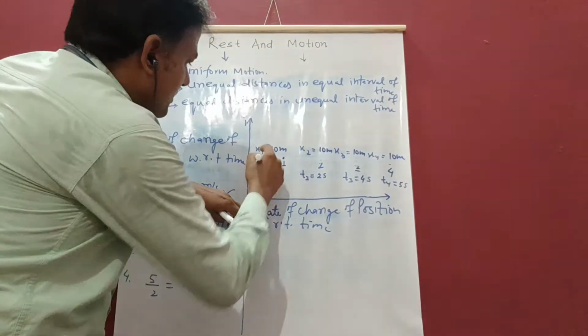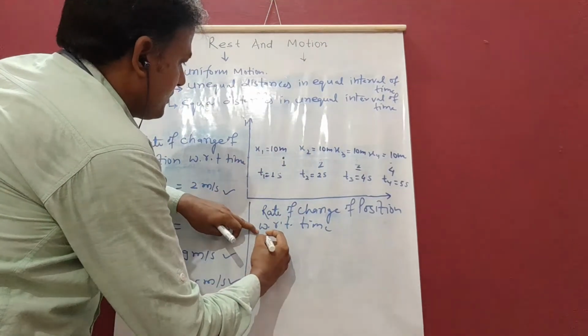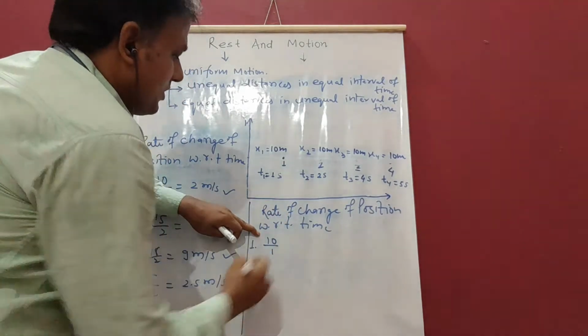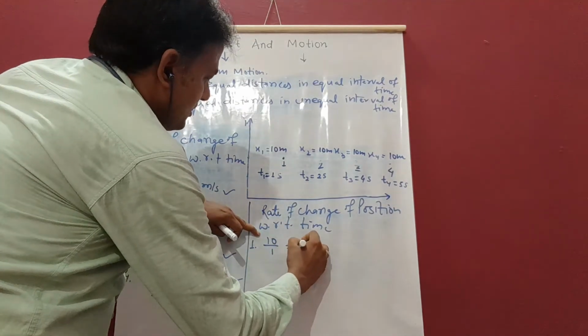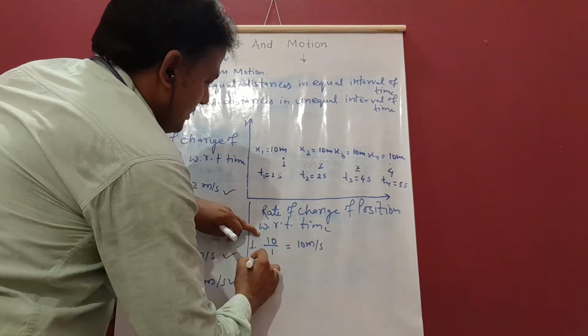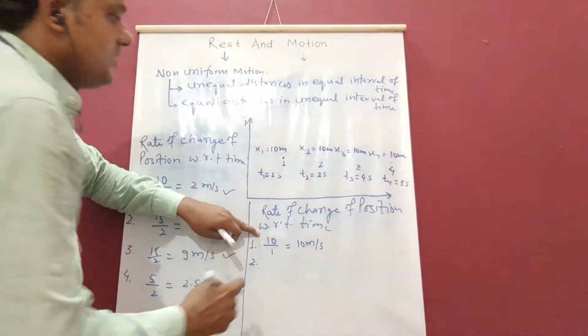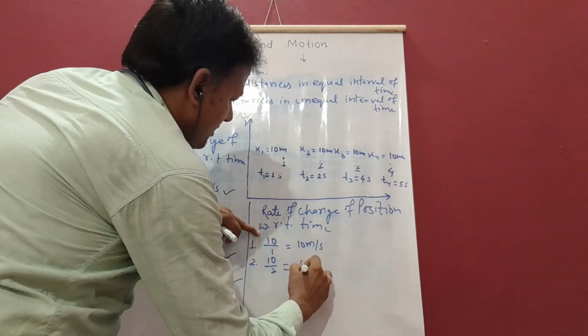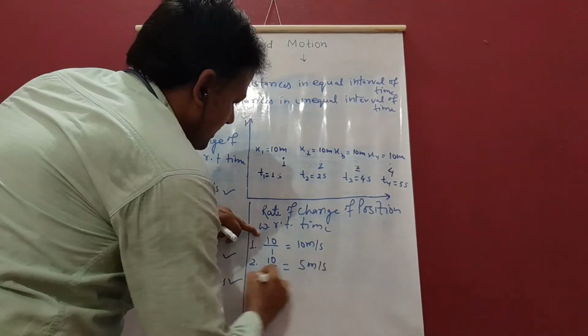In the first case, the rate of change of position with respect to time is 10 upon 1, that is 10 meter per second. In the second case it is 10 upon 2, and it will be 5 meter per second.